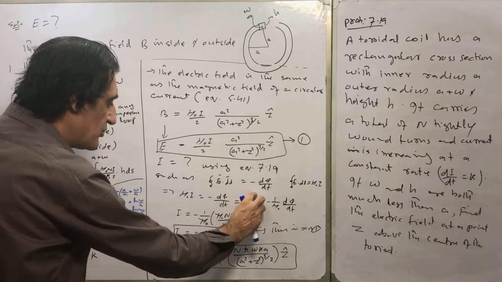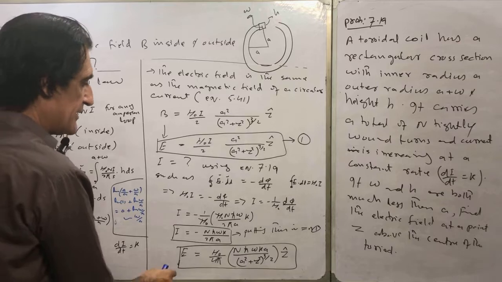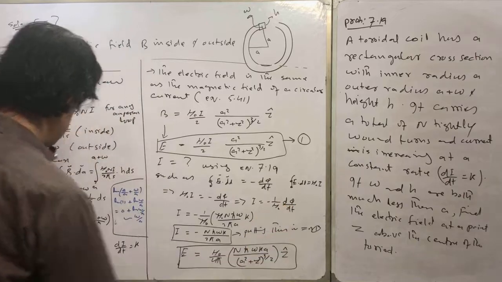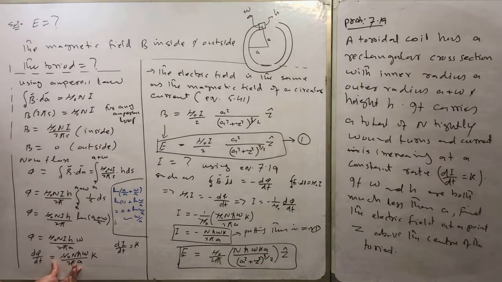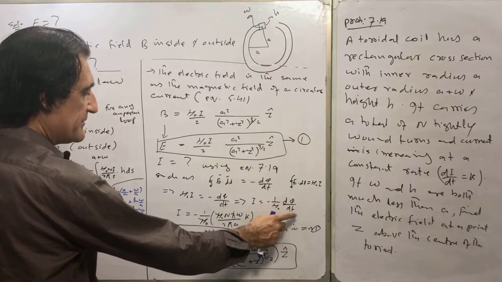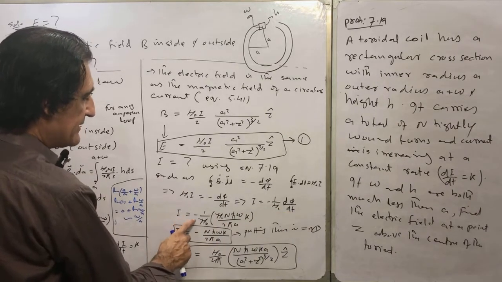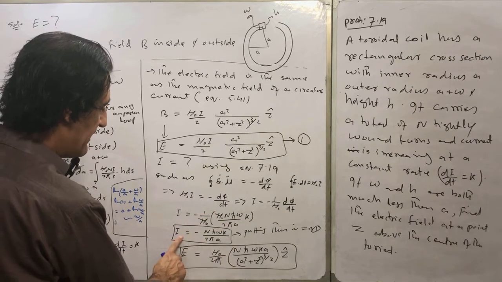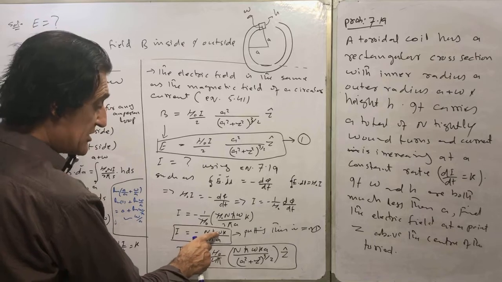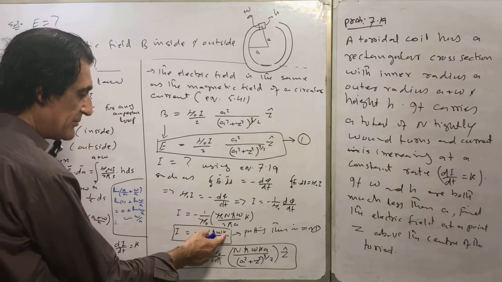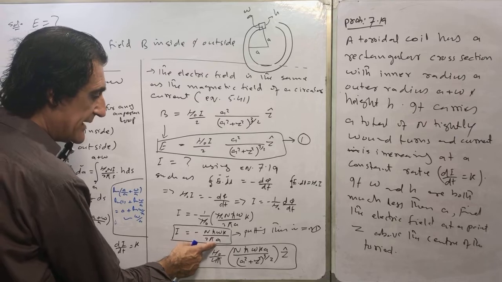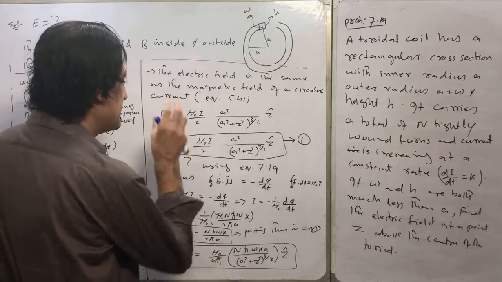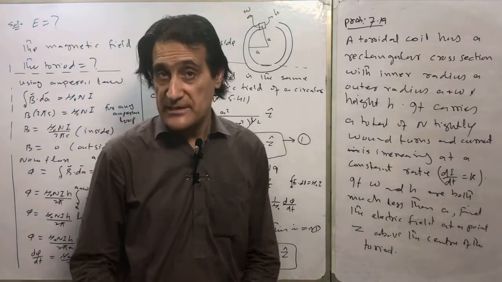Putting in the value of d phi divided by dt, mu naught cancels out, and we have I equal to minus N h k omega w divided by 2 pi a. Putting this value in the first equation gives the electric field, the required result of this problem.